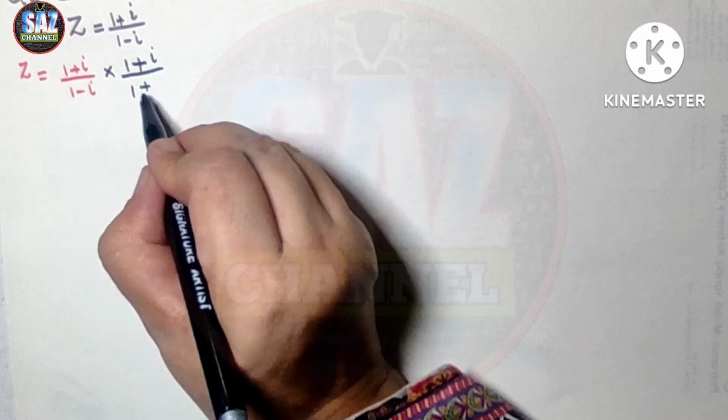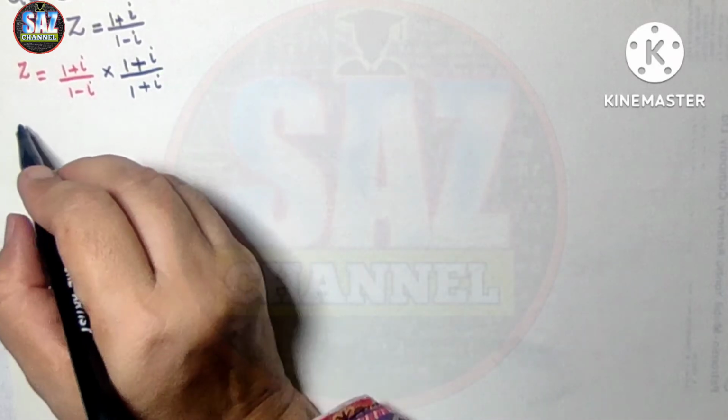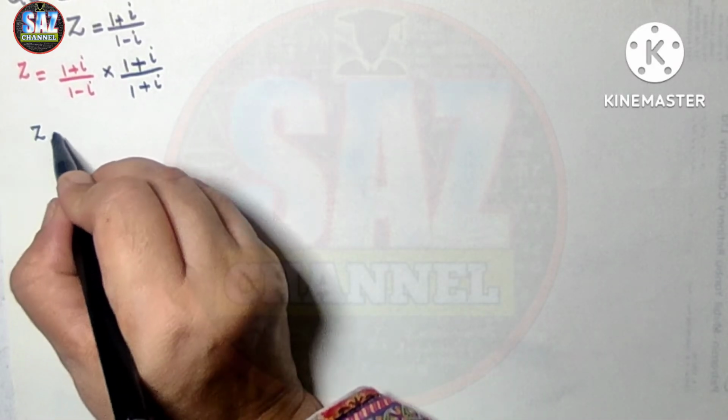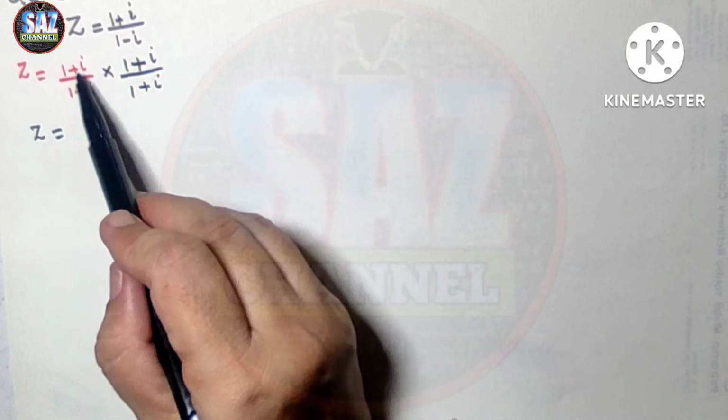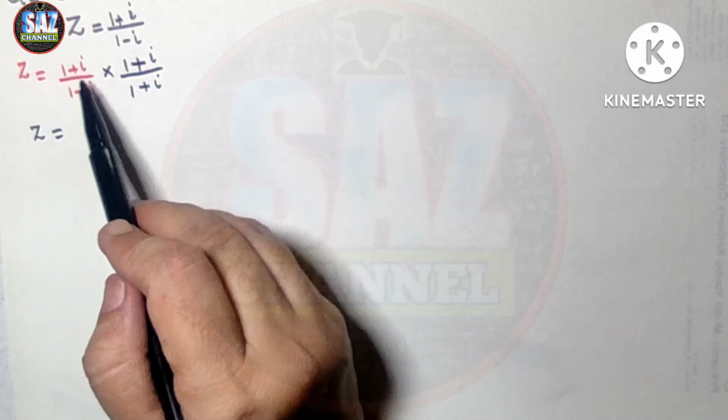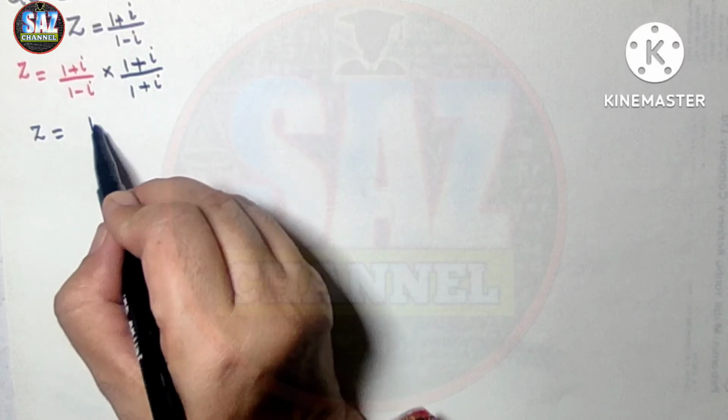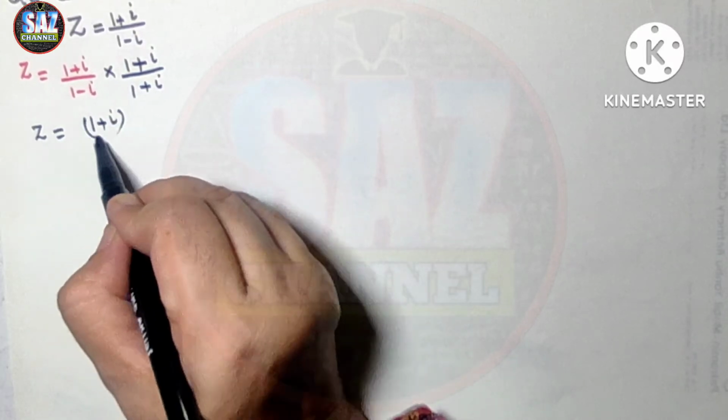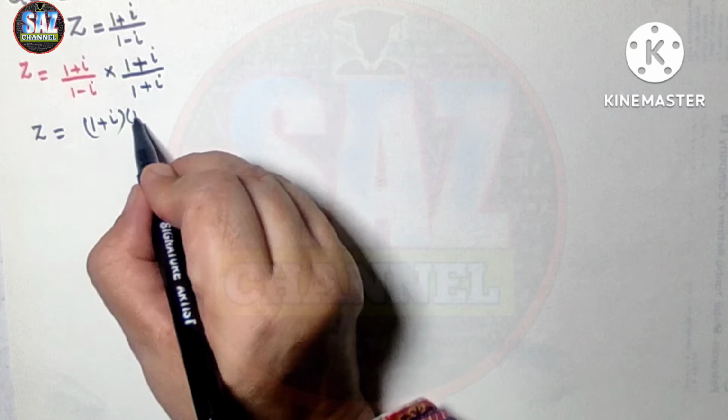So the question will take the form like this, and now we can see in the numerator we are having the same terms, so it can be written as 1 plus iota multiplied by 1 plus iota.